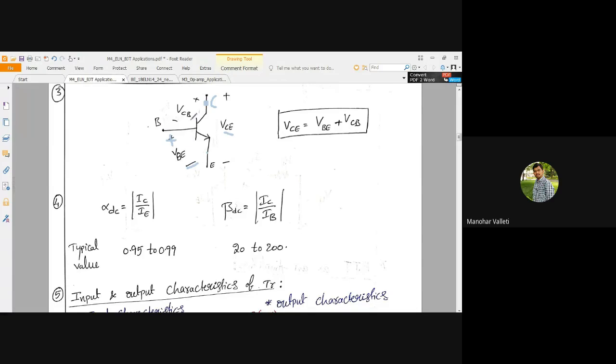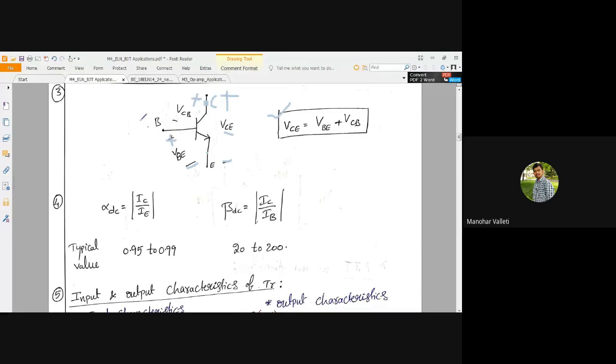In the same way, VCB means C is at positive potential, B is at negative potential. And if you just compare, from here to here, the addition of VCB and VBE will be equivalent to VCE because these two are in parallel. So that's why VCE is equal to VCB plus VBE.